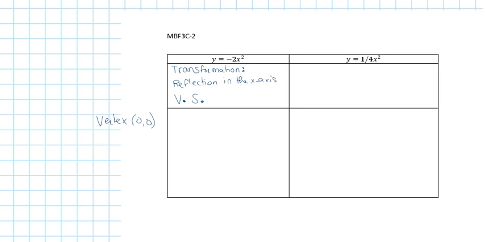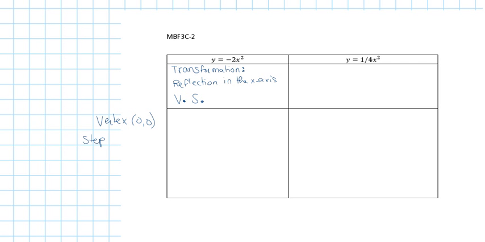Now, step pattern for the regular y equals x squared is what? 1, 3, 5. Okay? But because I have a vertical stretch and a reflection, my step pattern is not going to be 1, 3, 5 anymore. It's going to be multiplied by the A value. So your step pattern is A times 1, 3, 5.